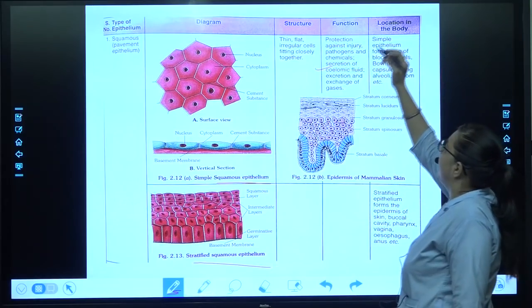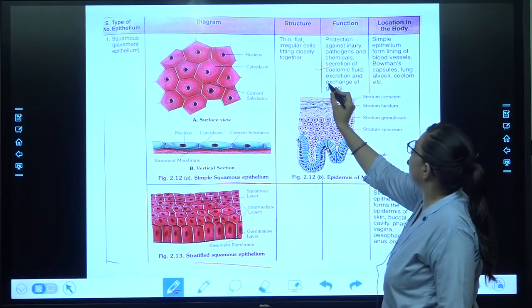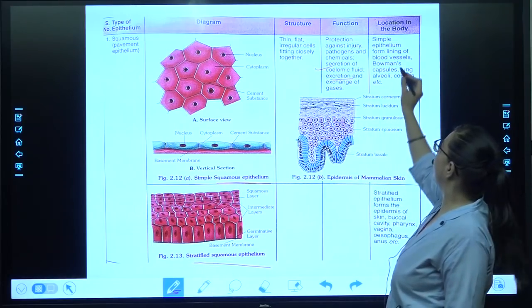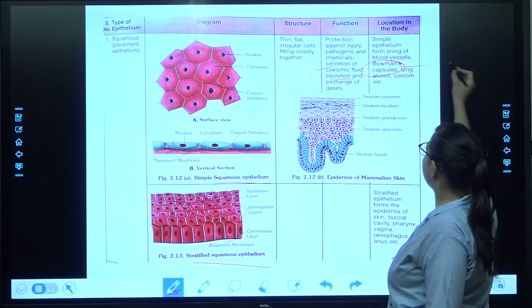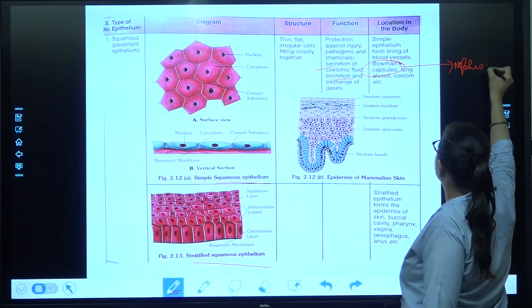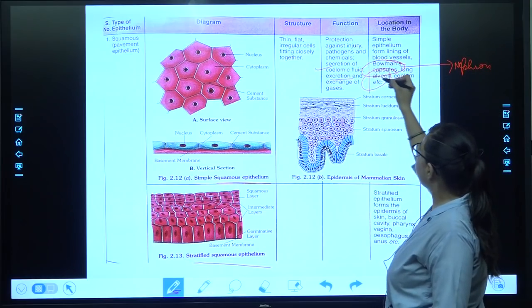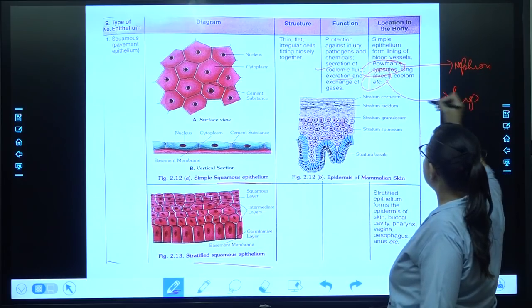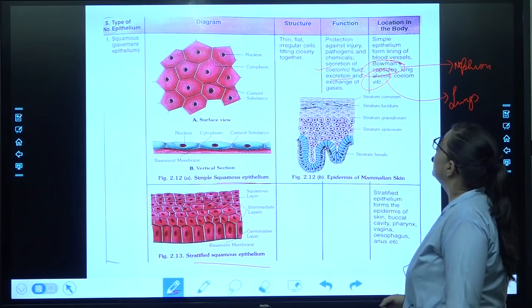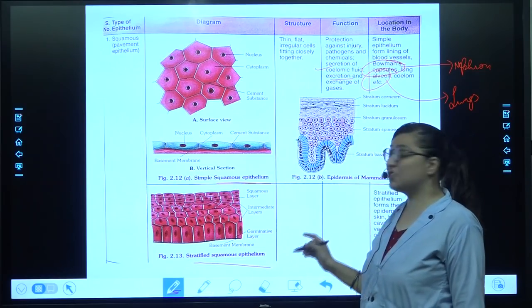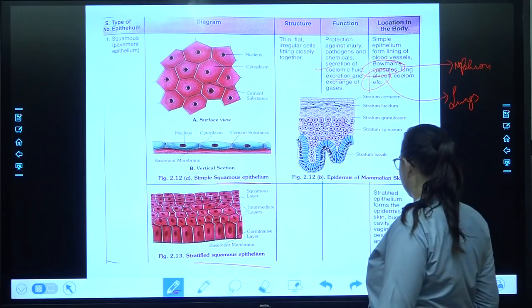We know that excretion is a part of the kidney. So here you have Bowman's capsule, which is a part of the nephron. Try to recall, we had done it. Alveoli, part of lungs. Then the coelom. So this is its location. Then comes stratified squamous epithelial tissue.